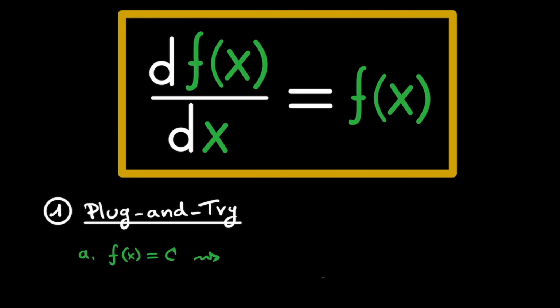Okay, let's see what derivative it gives us. We have d/dx of simply a constant number, and this gives us, of course, 0. Now, since 0 is not equal to our original function, this is not the function that we're looking for, namely a function which is equal to its derivative.